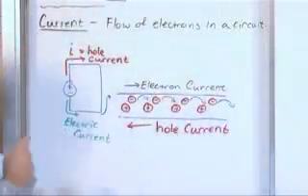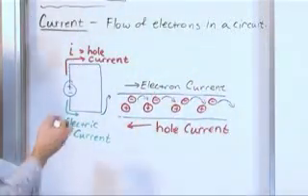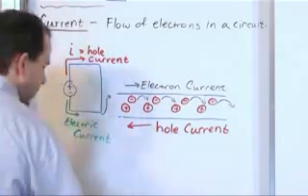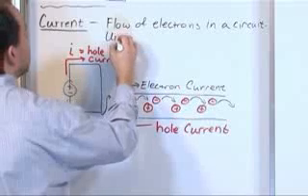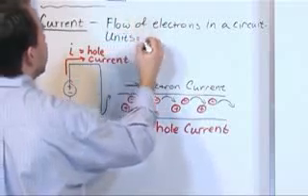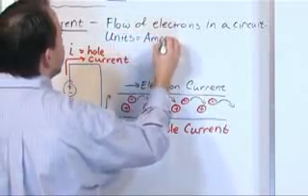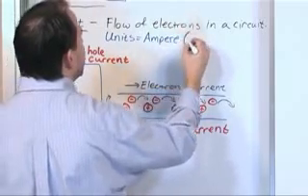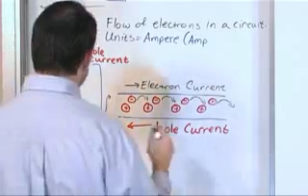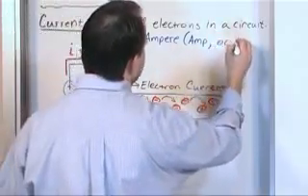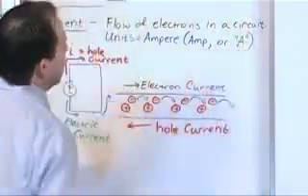Now, what are the units of current? A lot of you have already heard this. Let's go ahead and change colors a little bit. The units for current is the ampere, which is also called an amp, right? Or you can call it simply A, right?